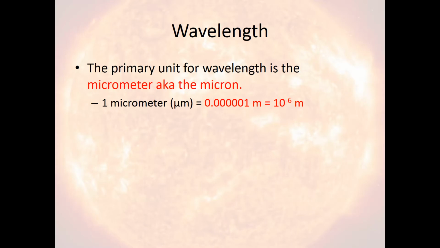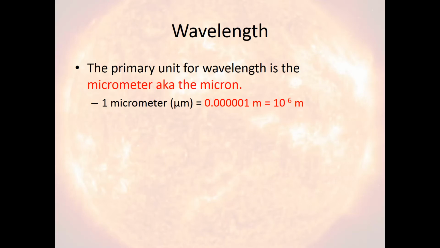That is extremely tiny. That's 1/100,000th of a decimeter, 1/10,000th of a centimeter, 1/1,000th of a millimeter. So that's extremely tiny. If you think about a strand of your hair, the thickness of a strand of your hair is measured in multiple micrometers.